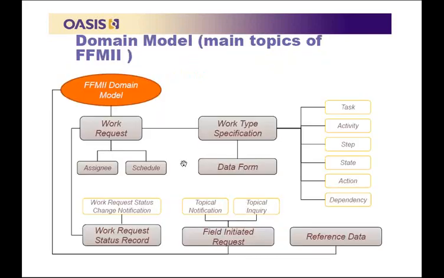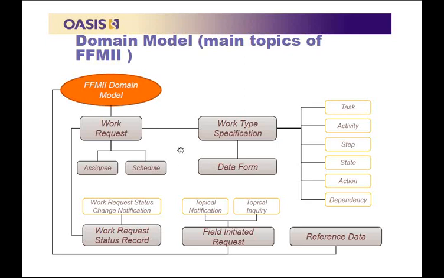Okay, then some of the most important entities in the FFM domain model. The two most important entities are work request and work type specification. Together, these two define a task to be performed on the field, and it has a set of assignees and scheduling constraints associated.